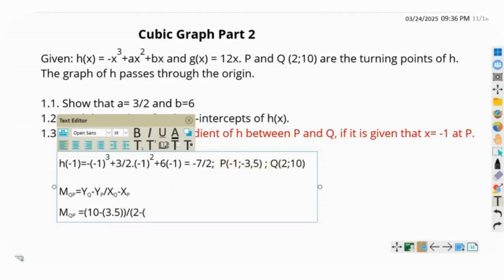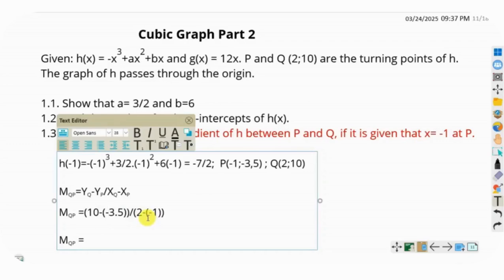Okay, so the gradient m equals, when you calculate the gradient here, 10 minus negative 3.5 is 13.5, divided by 3, and it gives us a gradient of 4.5.